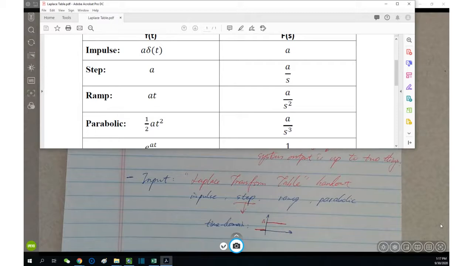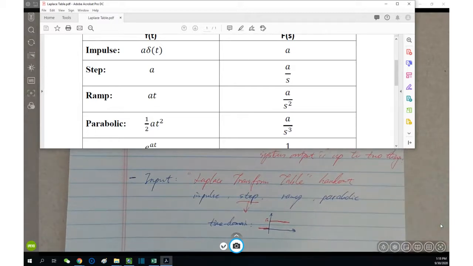And the corresponding frequency domain S function is constant A over S, right? So we're going to use the step a lot most of the time.